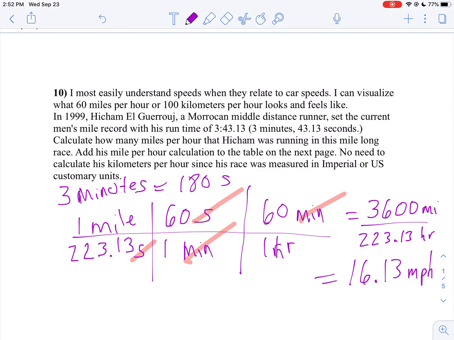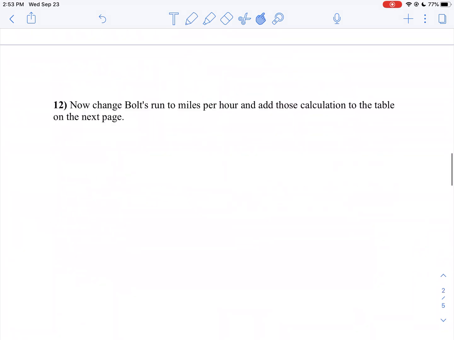Notice, that's not that fast, is it? You've got the fastest human being in the world. Watch, and nobody can catch him, and he's only going 16 miles an hour. I mean, most animals can run us down. So know your math so you can outsmart them. So now we're going to add that to our table over on the next page.